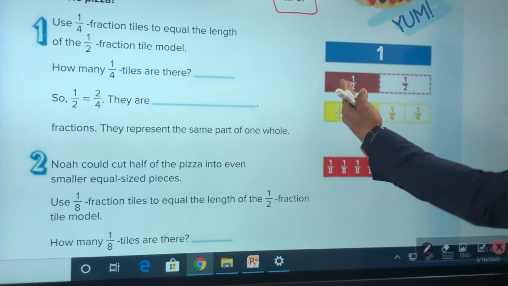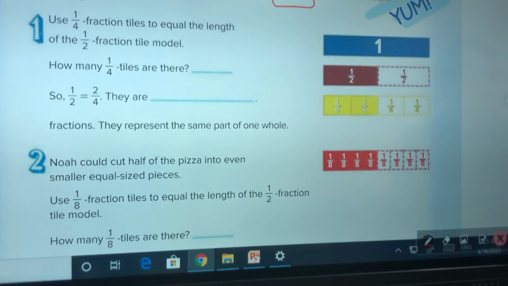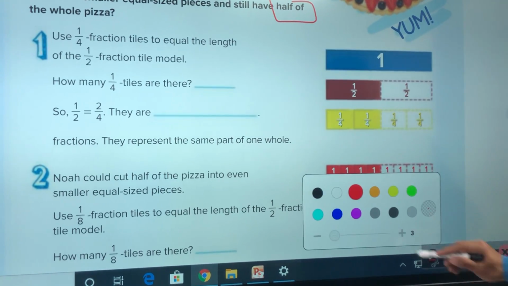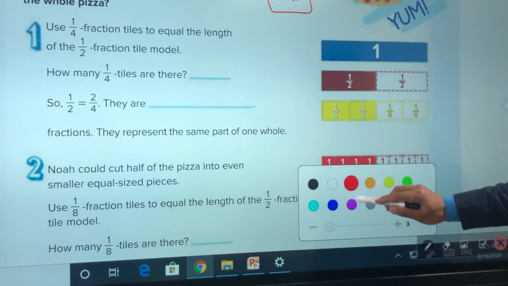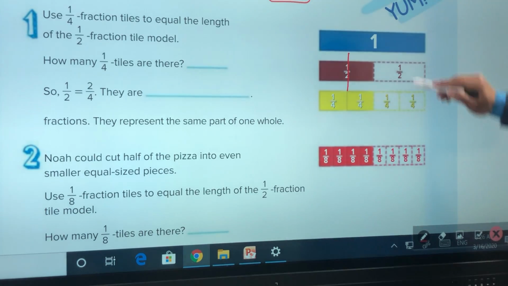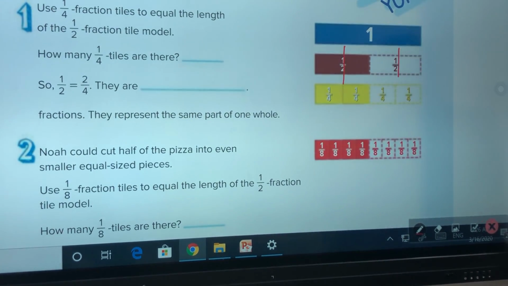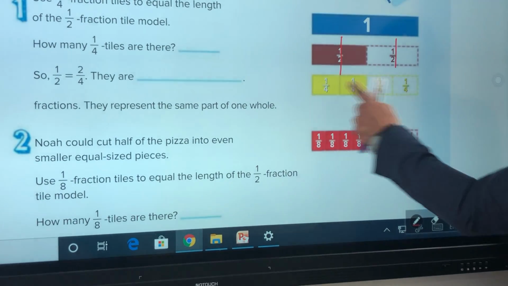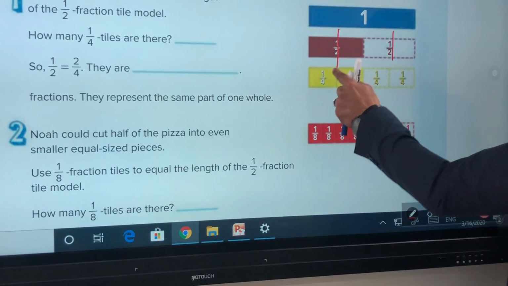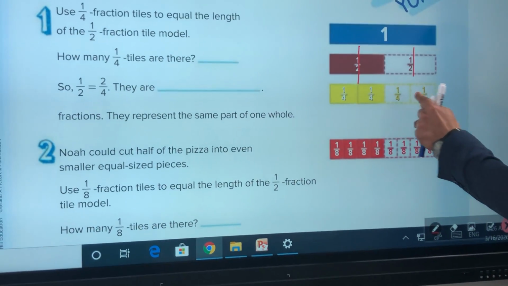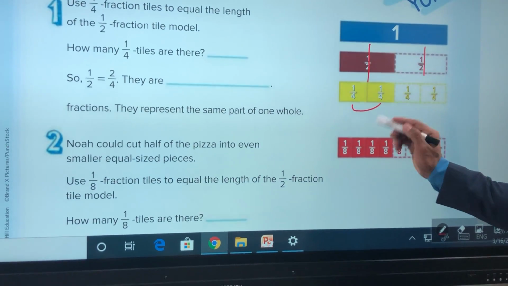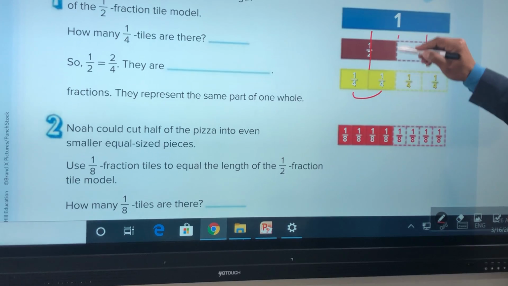So this is half, left and right. If you divide each half into 2 equal parts, how many pieces are there? 4. So each unit fraction is 1 quarter. So half equals 2 quarters.